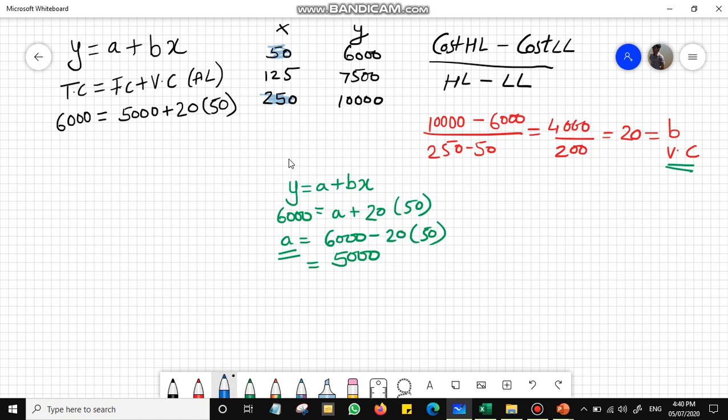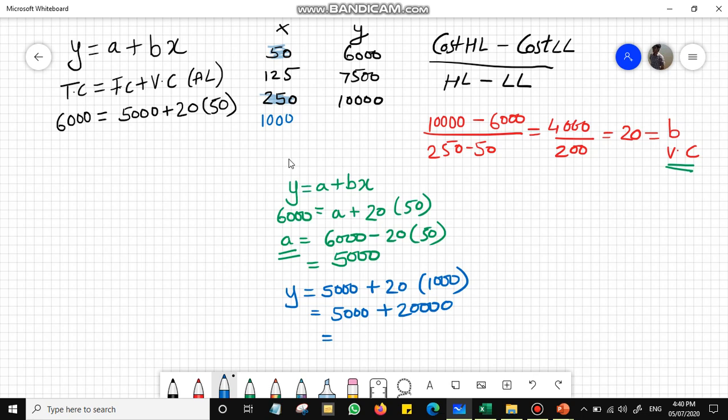So say for example, now you wanted to calculate the total cost at an activity level of 1,000 units. We would simply use the same equation, where you'd say y is equal to A plus Bx, that means 5,000 plus B, that is 20, and this time our X is 1,000, which gives us 5,000 plus 20,000.